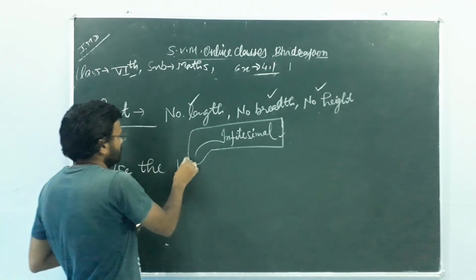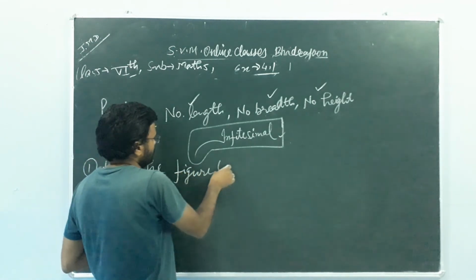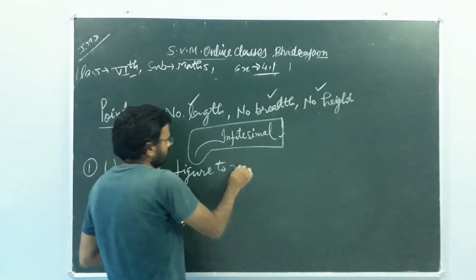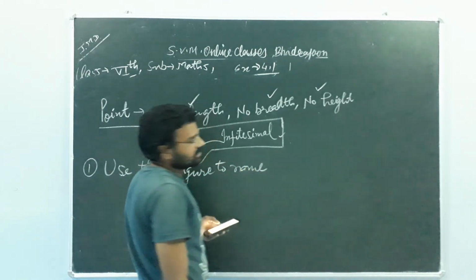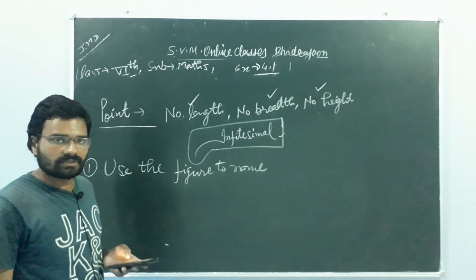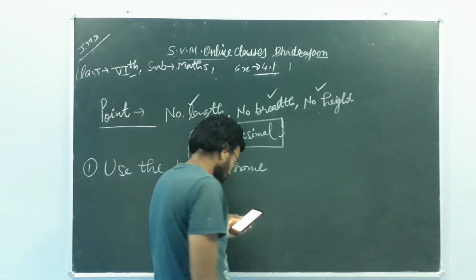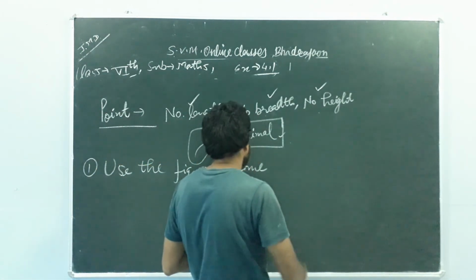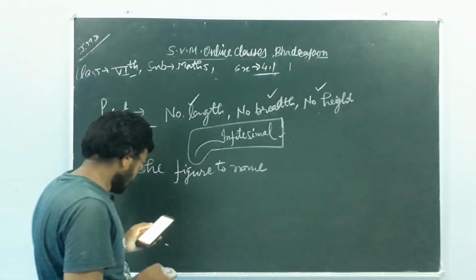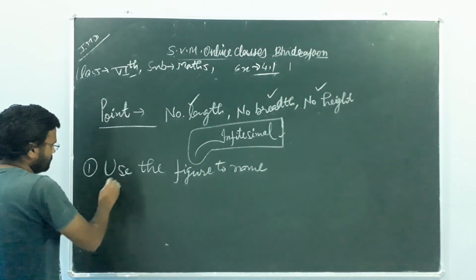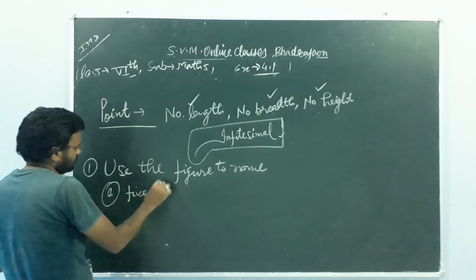All other things I will make you understand in between the questions. Use the figure to name, and our first one is A, 5 points.